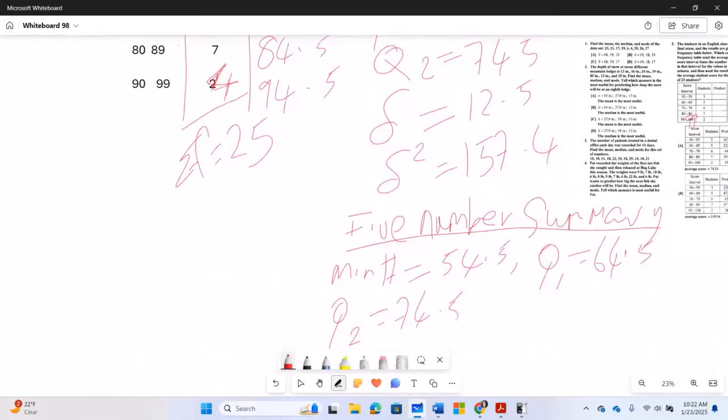The third quartile, Q3, is 84.5. And the maximum number, max, is 94.5.